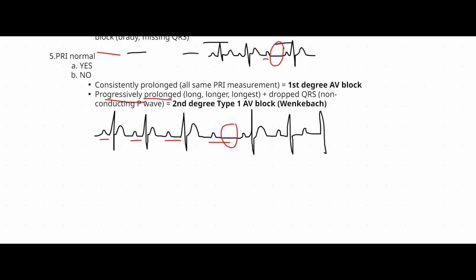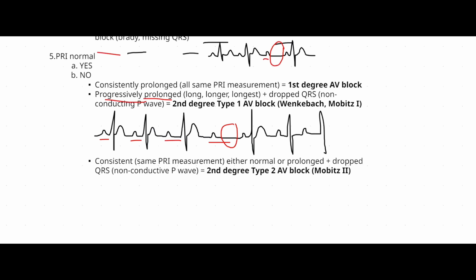Wenckebach block, by the way, is also known as Mobitz type 1. Okay, you follow? Here, it's a normal distance in all of them, right?